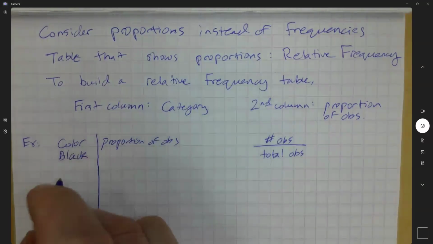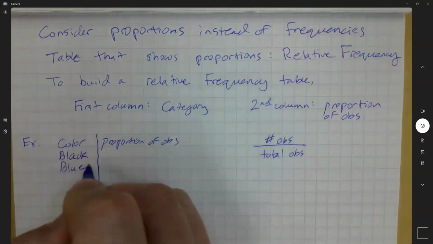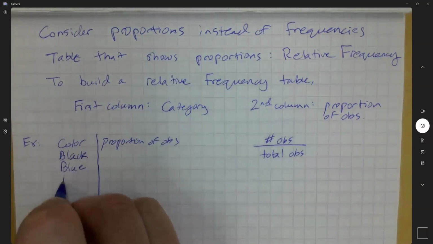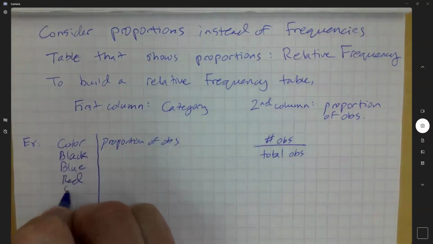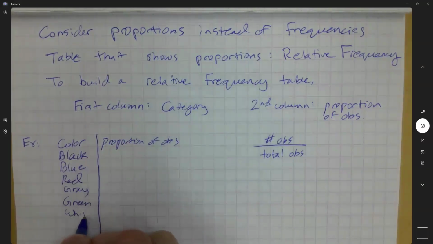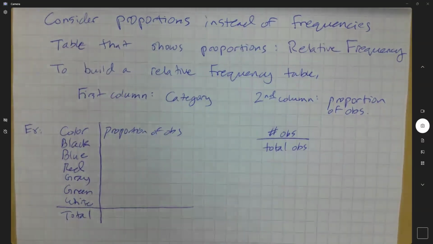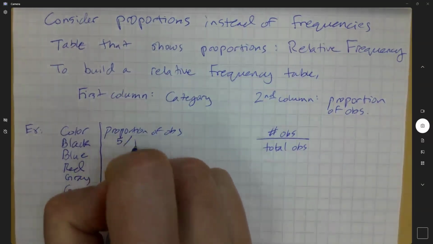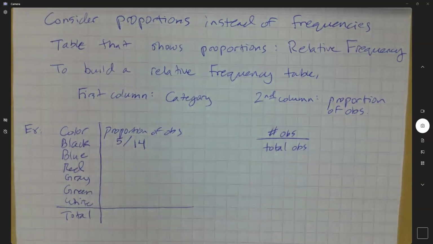I'll do it with my sorted table: black, blue, red, gray, green, white, and then I'll have a total. And it's as simple as taking how many observations and dividing it by the total, 5/14. That's it. It's a fraction, but that's fine. Nothing wrong with giving proportions as fractions.